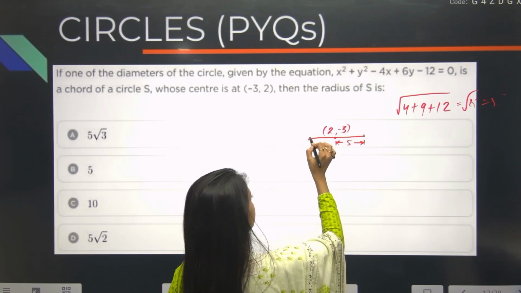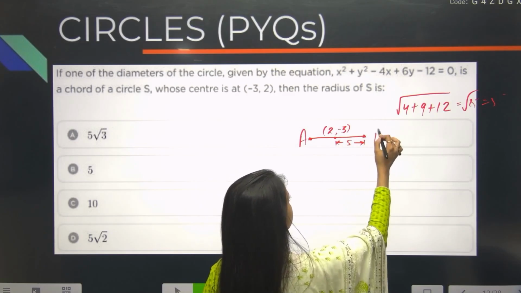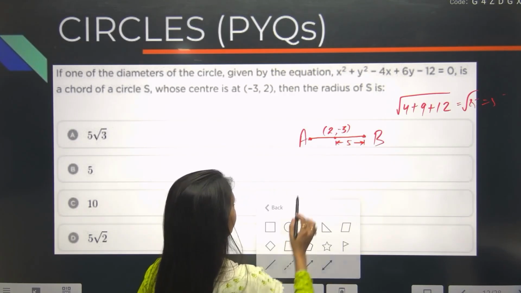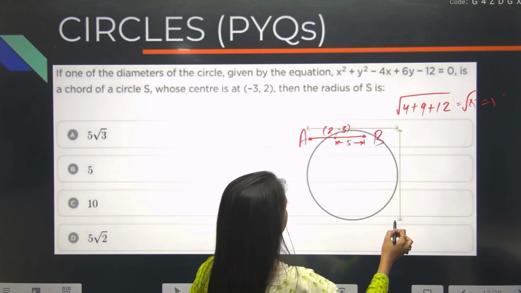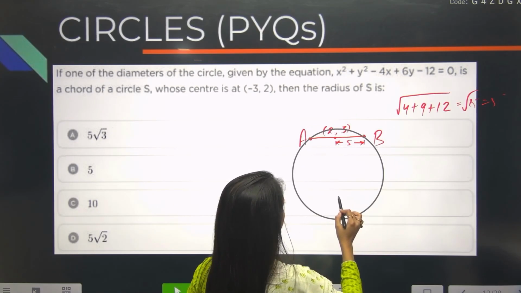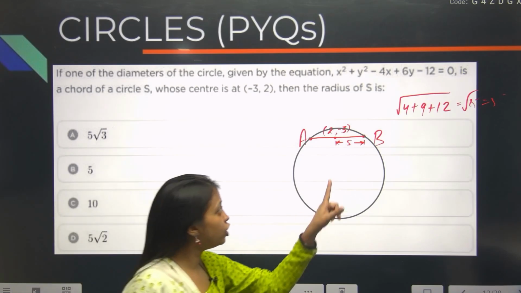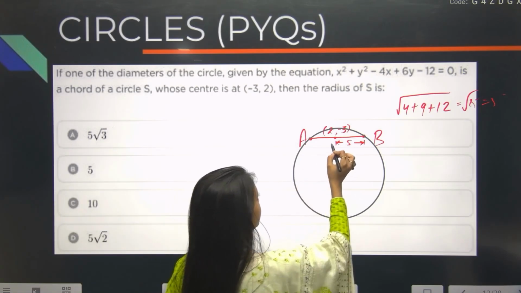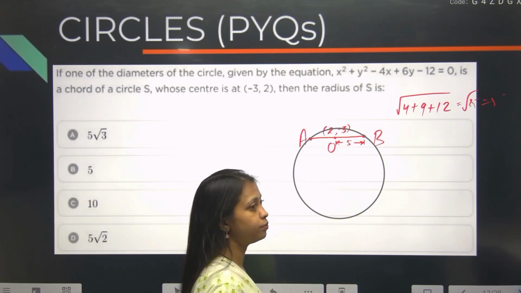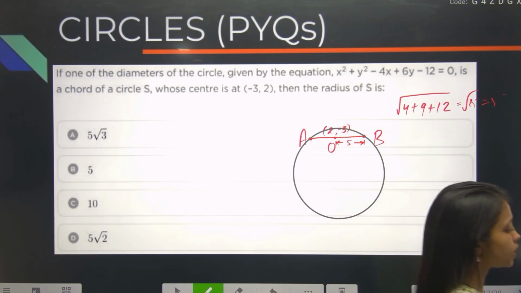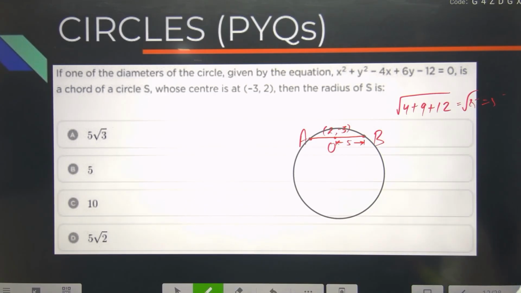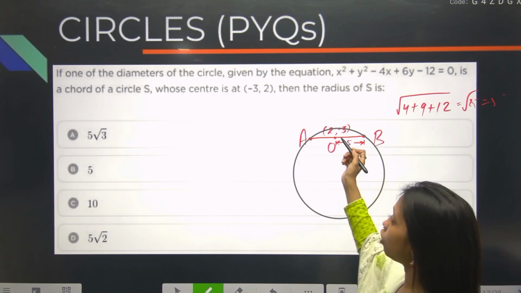Not radius, chord. That's what they're saying. So let me bring another circle like that. We know that this point O is the center of the previous circle.